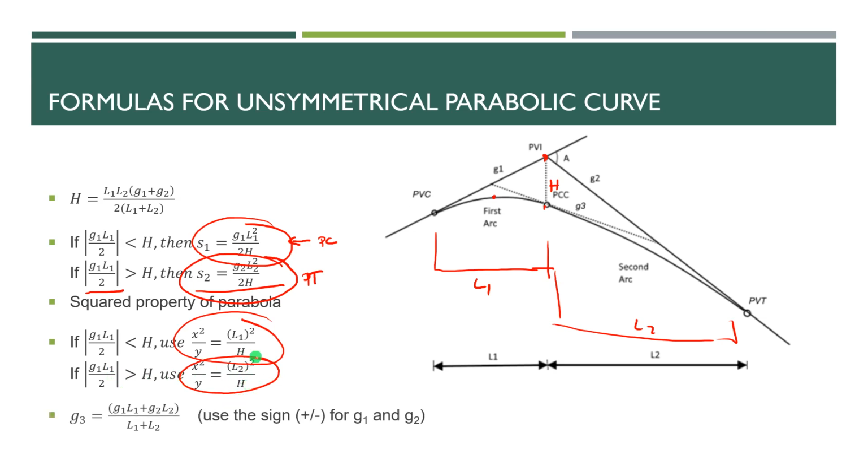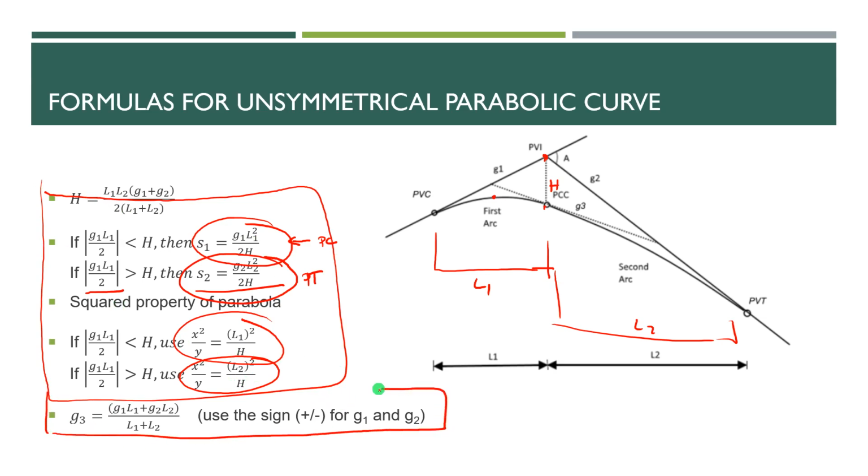Now, if we will not use the formula-based solution in computing the elevation and stationing of any point on an unsymmetrical parabolic curve, we use this alternative solution, which is we compute the grade of the common tangent, G3.